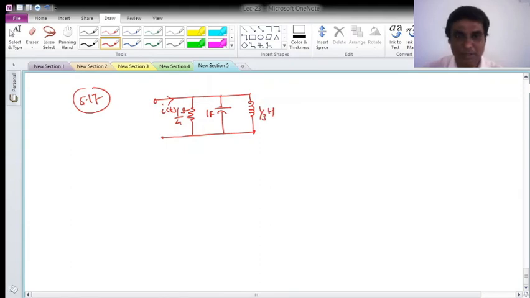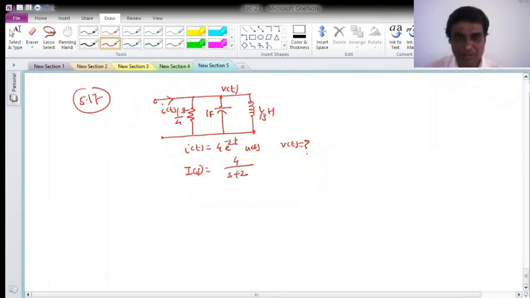I have to solve for the voltage V of t. I of t is given as 4 into e raised to minus 2t into u of t. So you have to find out what is my V of t. To calculate, first let us take the Laplace of I of t, which is 4 upon s plus 2.